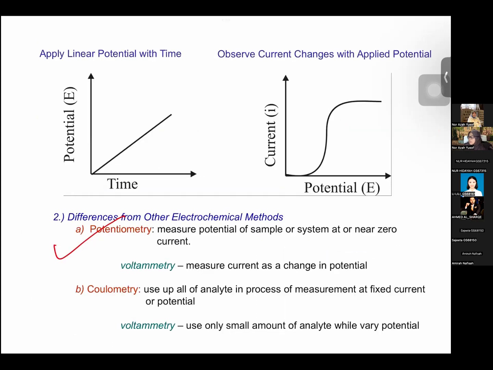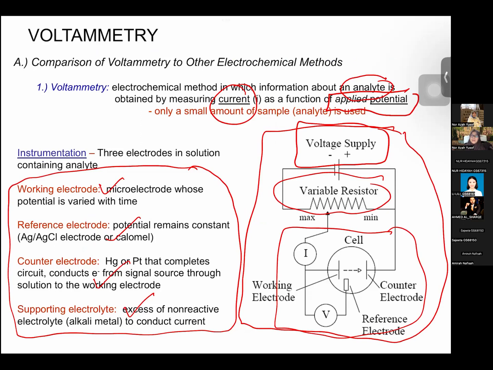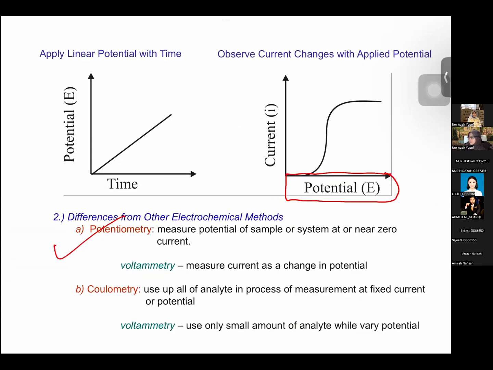Okay, so what happens here is you can see that the potentiostat that I mentioned just now, the machine, provides potential to the system and the current will be generated. Okay, so that is the basis of voltammetry.